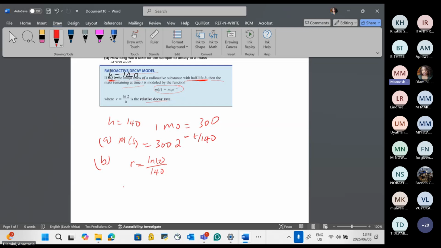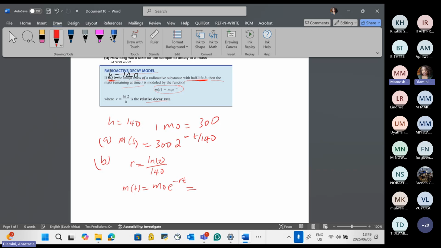Then you're going to use the formula that M(t) is equal to M e raised to the power negative RT.